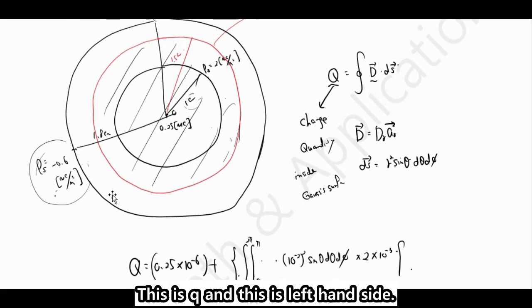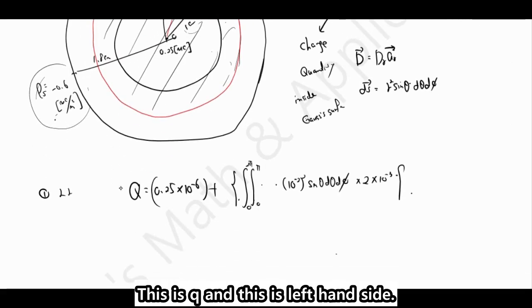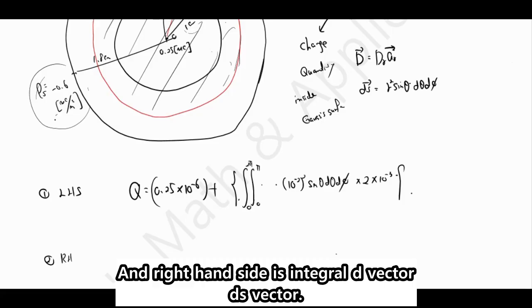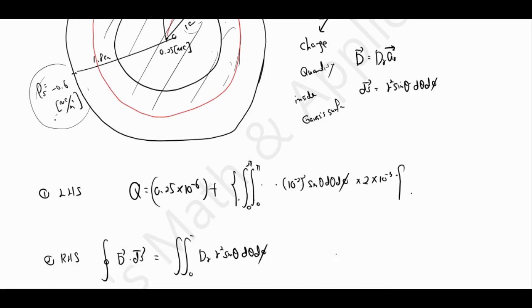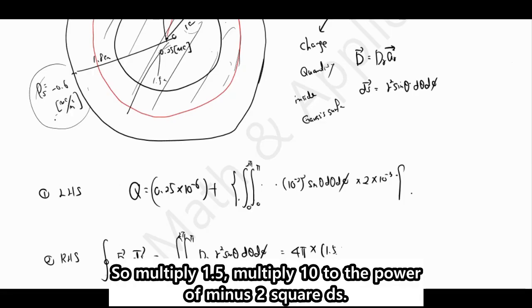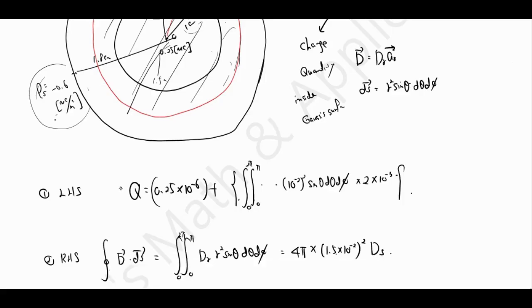This is Q, and this is the left hand side, and the right hand side is the integral of D vector dot dS vector. This is the double integral of D r squared sine theta d theta d phi, where the range of theta is 0 to pi, and the range of phi is from 0 to 2 pi, and this gives 4 pi r squared. R is 1.5 centimeter, so 4 pi times 1.5 multiplied by 10 to the power minus 2, squared, times D, right?